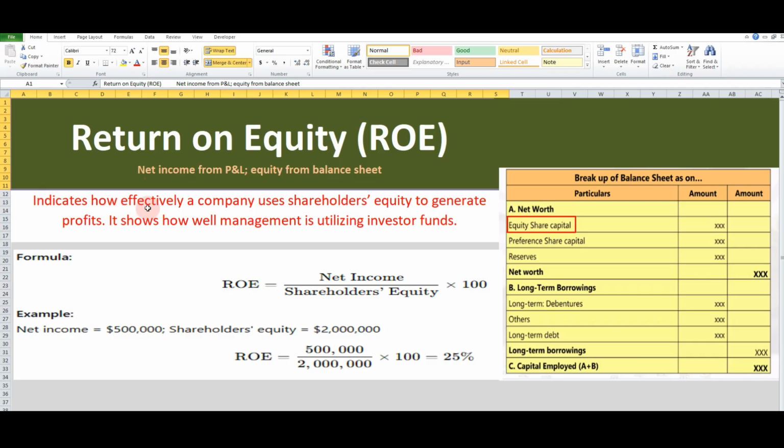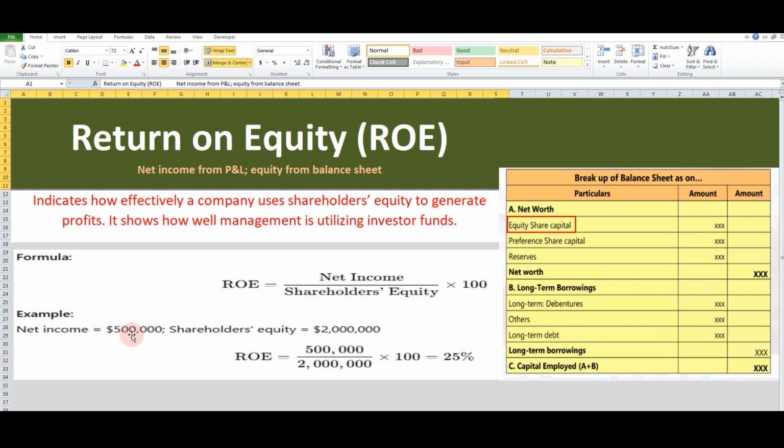Return on equity indicates how effectively a company uses shareholders' equity to generate profit. It shows how well management is utilizing investor funds. Now, how do we calculate this? Net income divided by shareholders' equity, multiplied by 100. Then we find the return on equity.